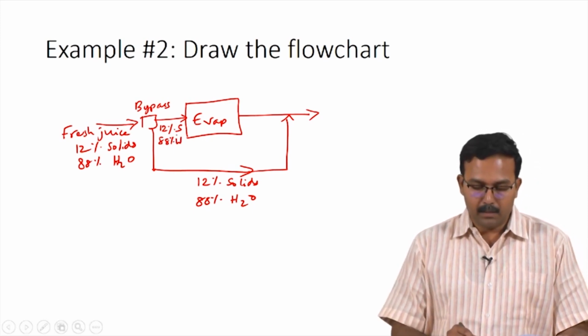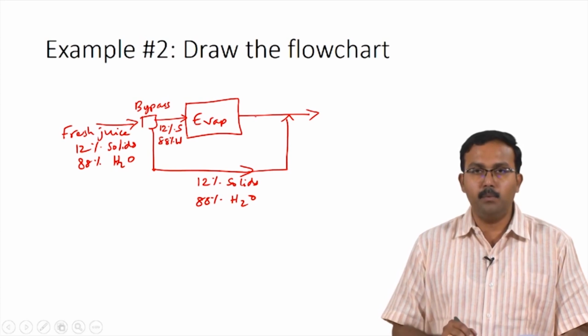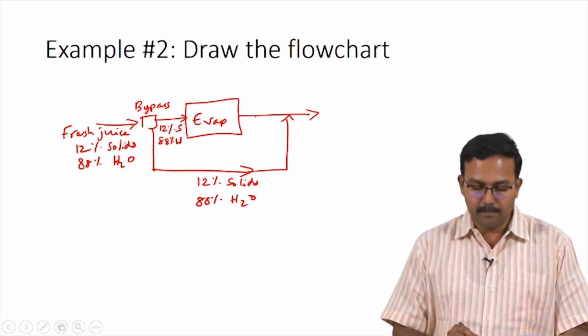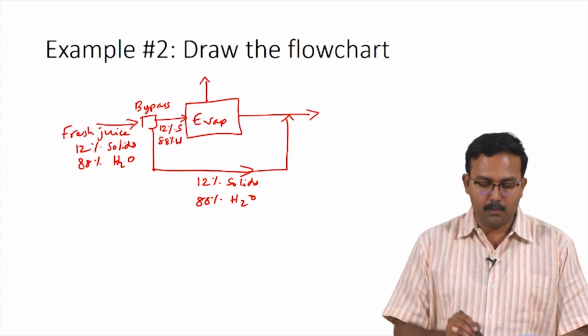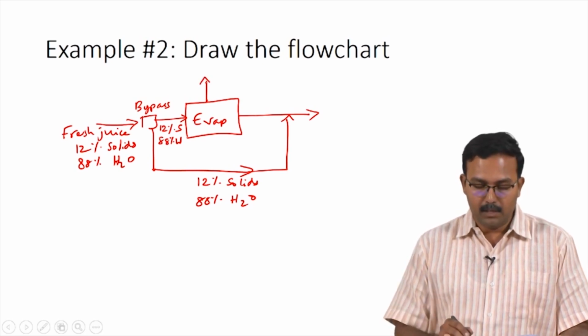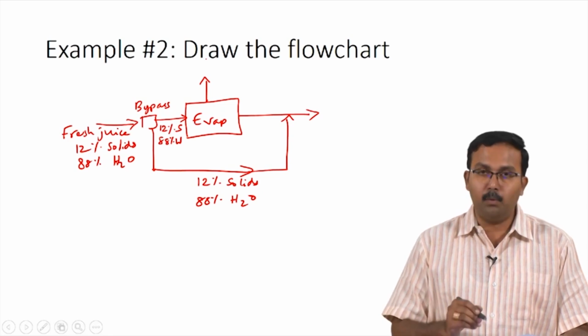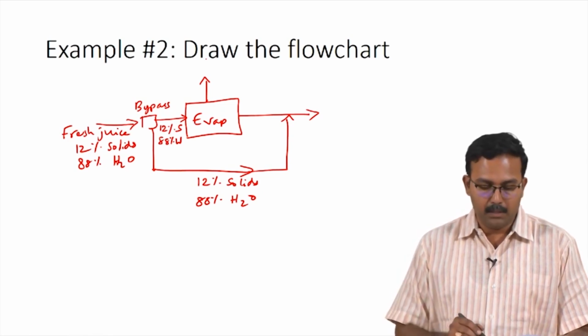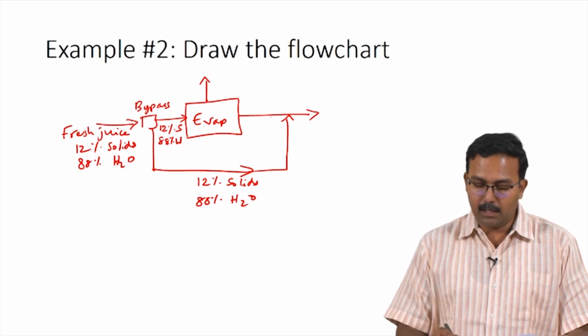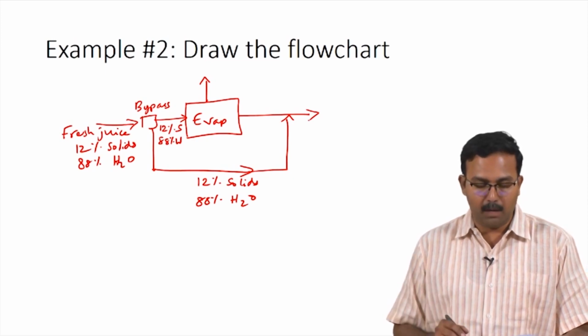So, the evaporator would have one stream which is the concentrated juice leaving, and you would also have water which is being evaporated. So, let us assume that you have water leaving and only water leaving as given in the problem. You also have a concentrated liquid which is leaving the evaporator.